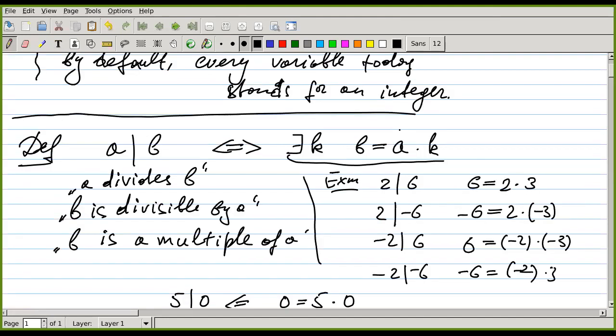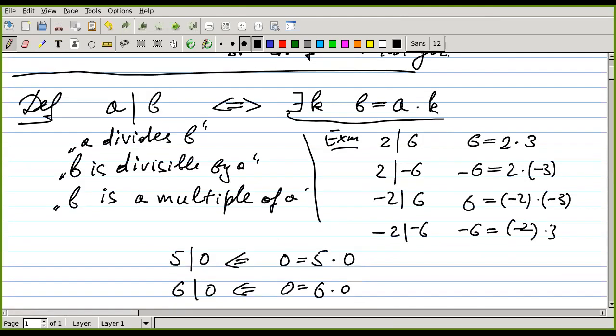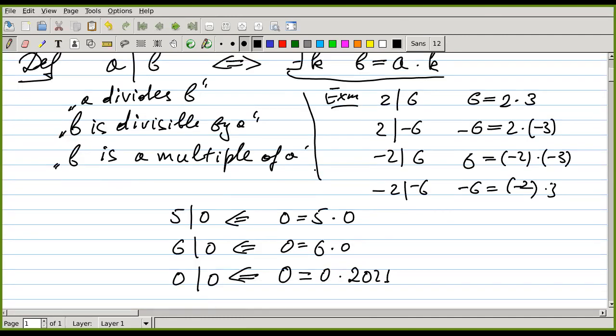So we use the definition. Our definition undoubtedly says that A divides B if and only if it is possible to express B as A multiplied by something. It is possible to express 0 as 0 multiplied by something.